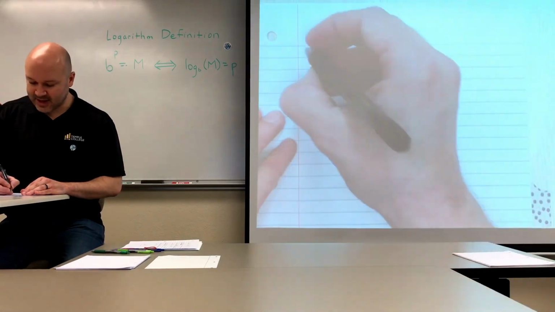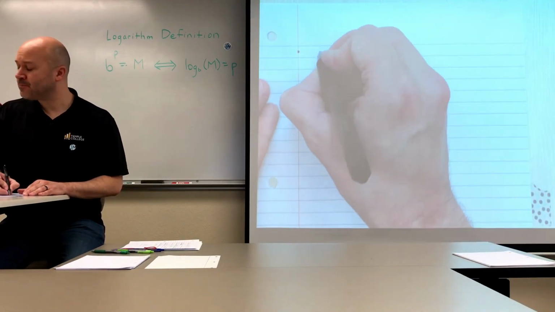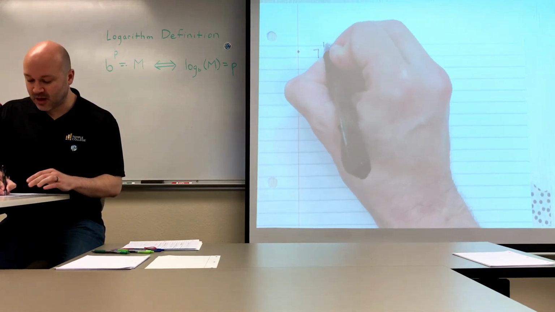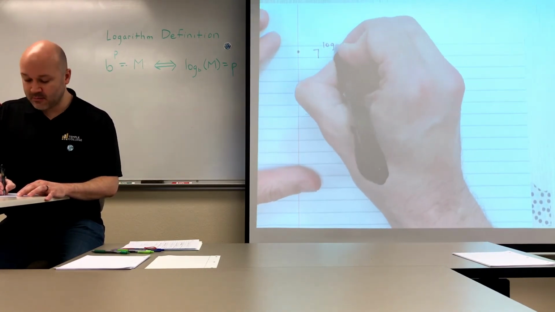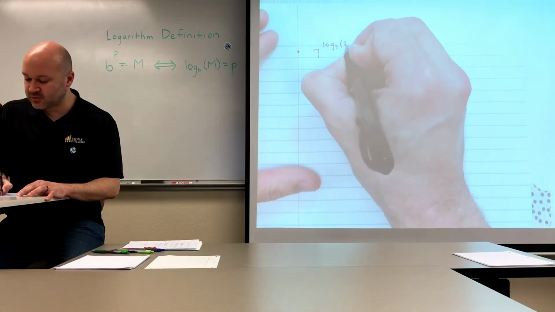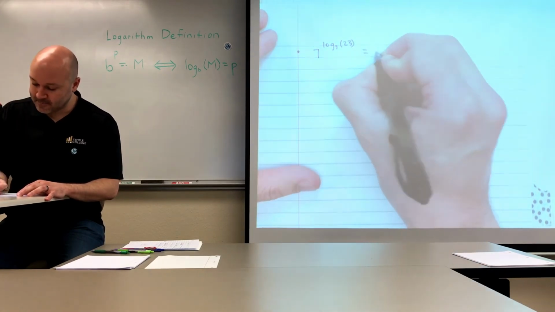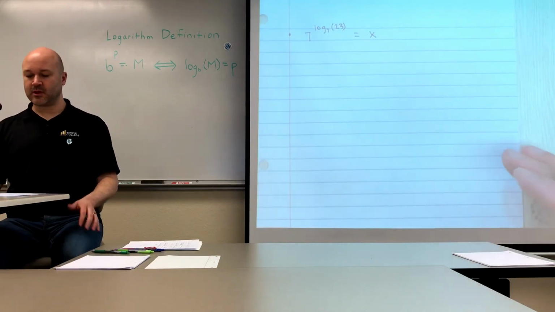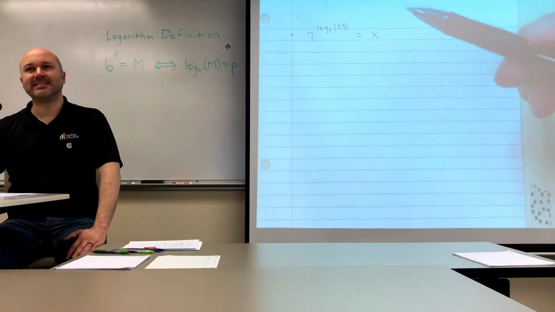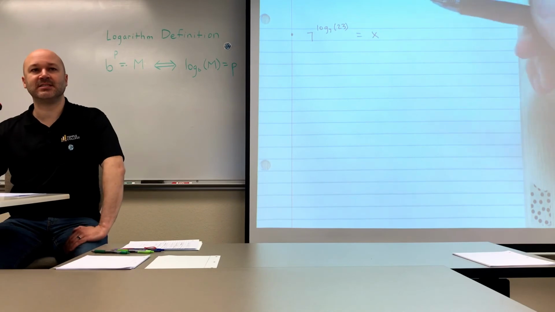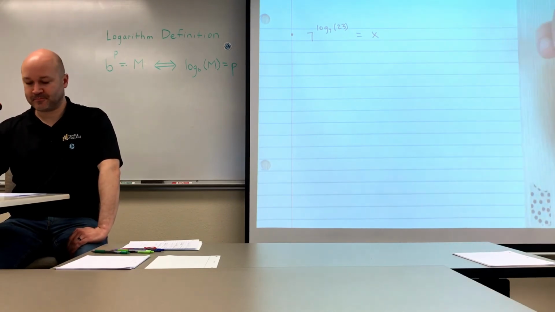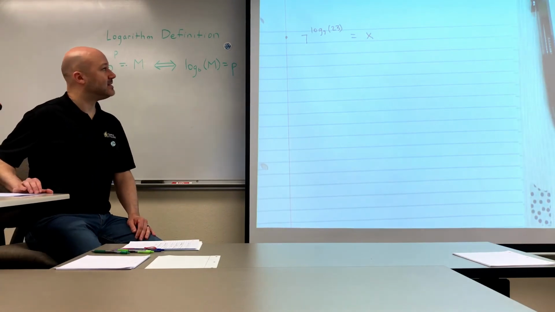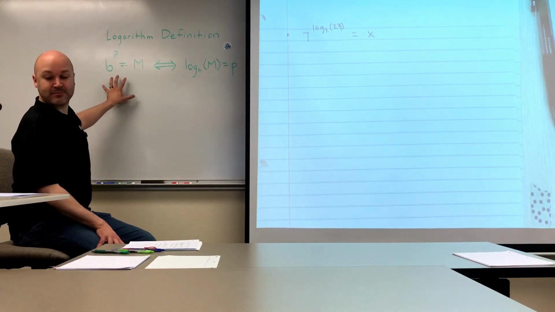All right, let's take a look at something like this. 7 being raised to a logarithm, log base 7 of 23. Here's a question for you. Is this in logarithmic form or is this in exponential form? This is, right now, in exponential form.